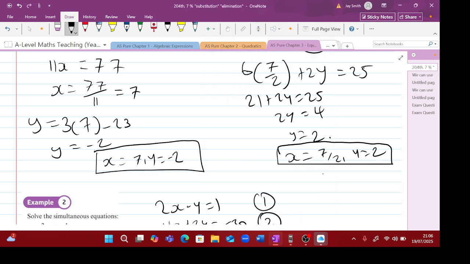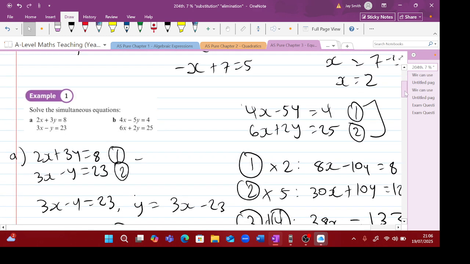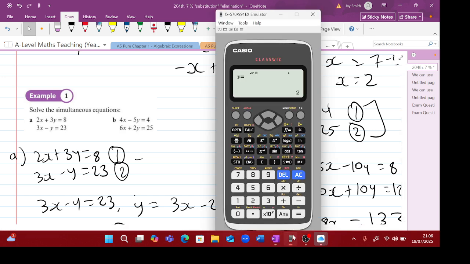Again, the calculator is a very powerful tool. All your calculators in your A-level exam should have that property to solve simultaneous equations. The examiners will anticipate you will be able to solve equations like this on your calculator.